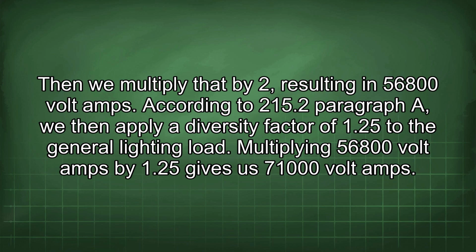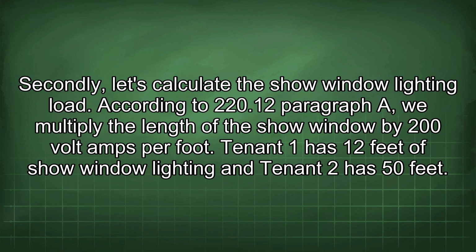According to 215.2 paragraph A, we then apply a diversity factor of 1.25 to the general lighting load. Multiplying 56,800 volt-amps by 1.25 gives us 71,000 volt-amps. Secondly, let's calculate the show window lighting load.